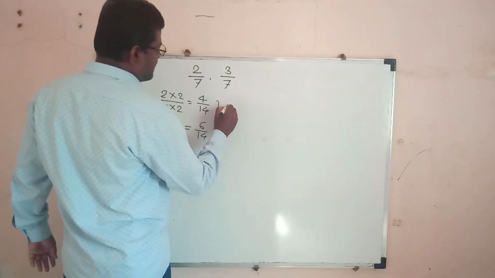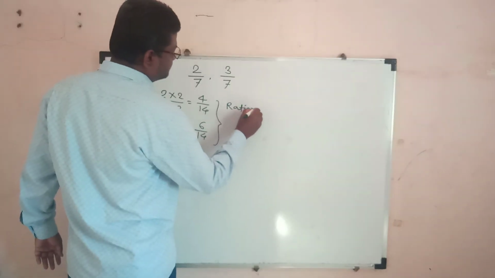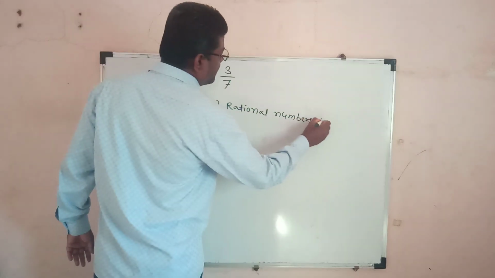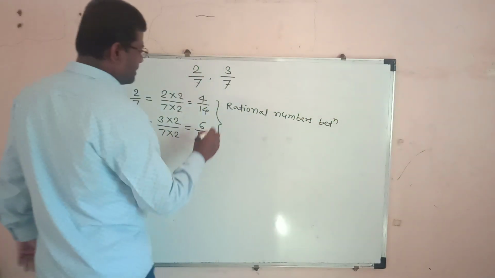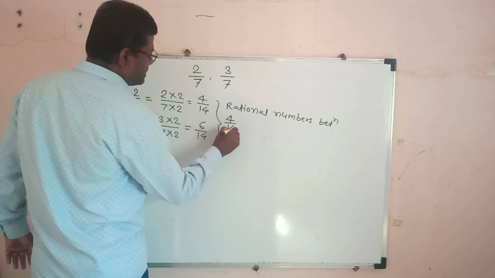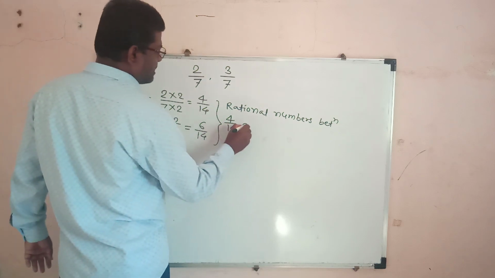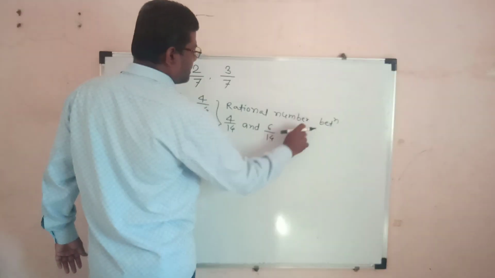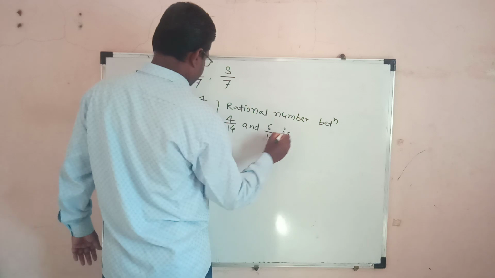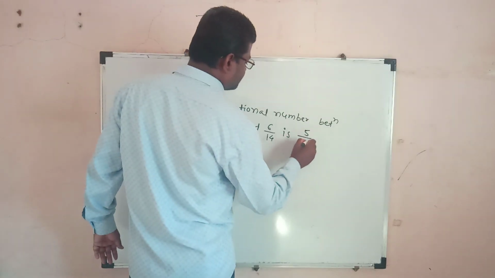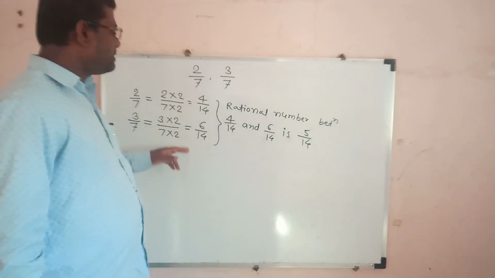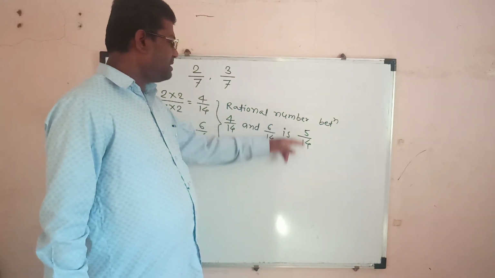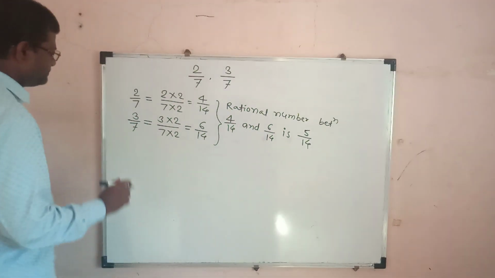Now the rational number between 4 upon 14 and 6 upon 14 is 5 upon 14. So the rational number between 4 upon 14 and 6 upon 14 is 5 upon 14.